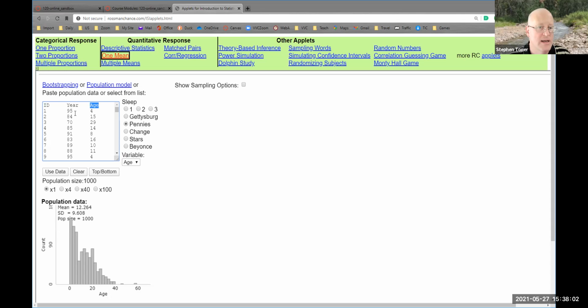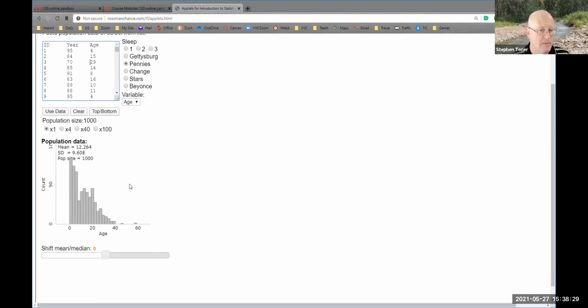But notice how in this first row, there was a penny from 1995, and back in 1999, it was considered to be a 4-year-old penny. Likewise, if we go all the way down to the 1,000th penny, which was 1999, it was a brand new penny at that point. It was 0 years old. So they've got 1,000 data values inside of this table.